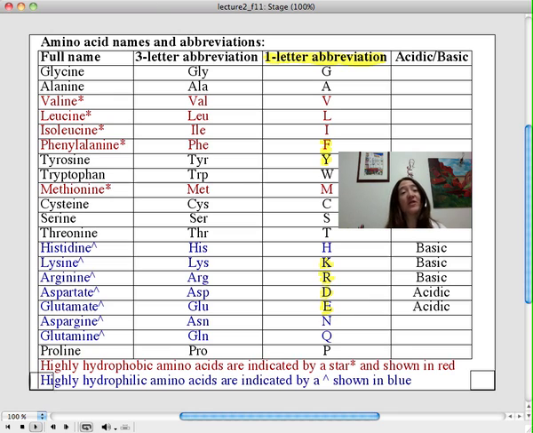Wonderful. Let's move on and talk just a little bit about what happens when one amino acid binds to another amino acid. So here we have an amino acid, and we can see the central carbon atom. We can see the amino group and the carboxyl group. And then finally, this bright orange ball is what I'm showing as the R group.